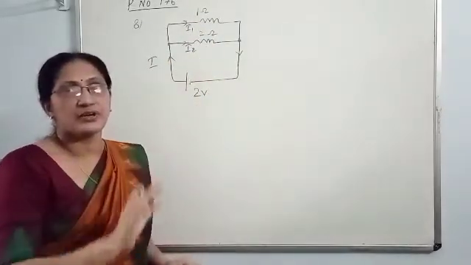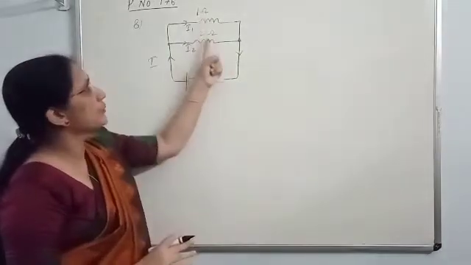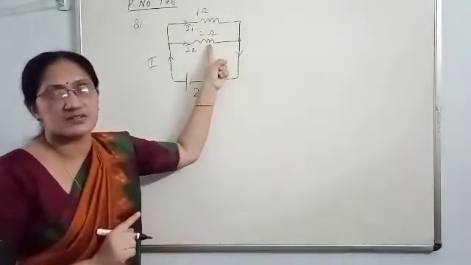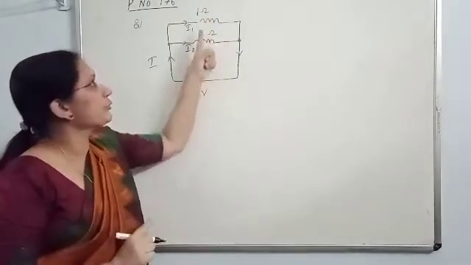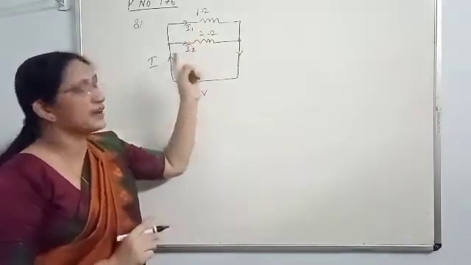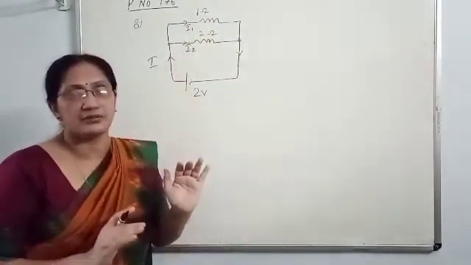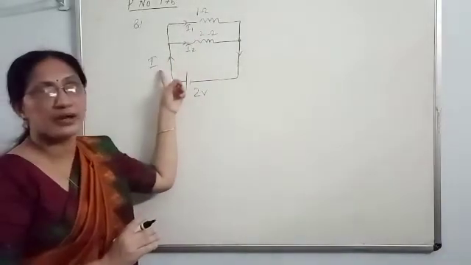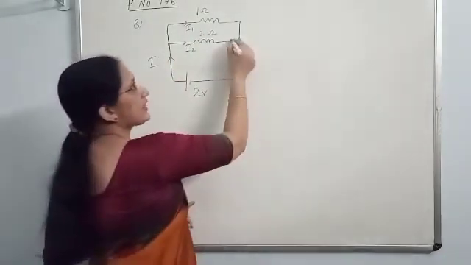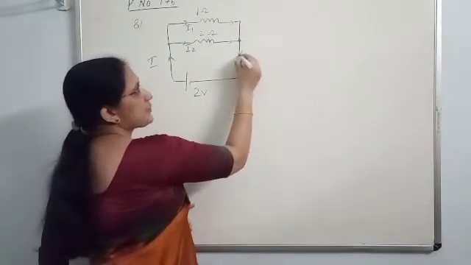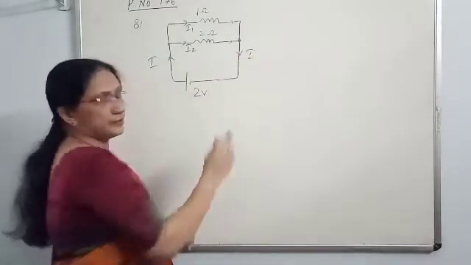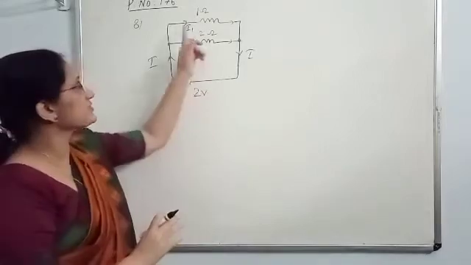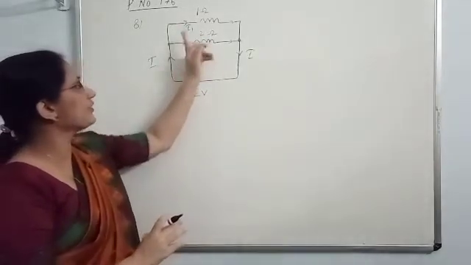It is not equally divided because these two branches do not have equal resistance. Here 1 ohm, here 2 ohm. So I1 and I2 will not be equal. Different current will flow, but the sum of I1 and I2 will be equal to main current I. And again this current combines at this point and comes out as I, the main current. So these three terms you have to find out: I, I1 and I2.